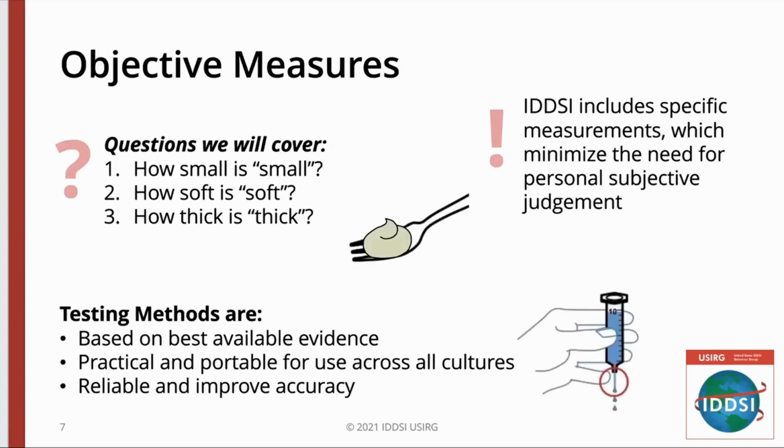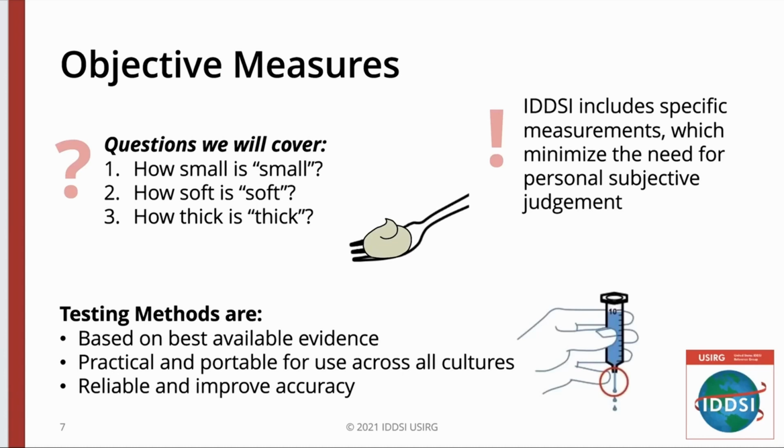Because everyone has a different definition of thick, soft, and small, IDDSI provides a standardized way to measure these food and liquid descriptions objectively. IDDSI uses objective, inexpensive, and reliable testing methods that can be used on all foods around the world.